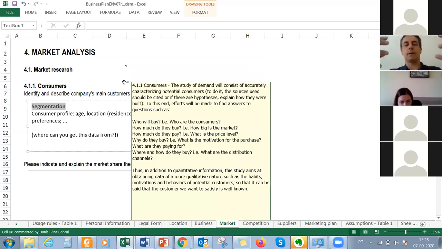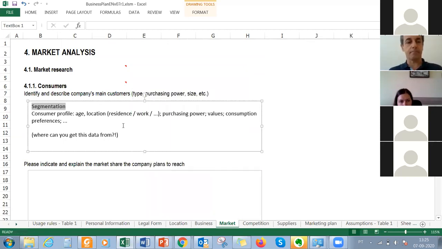So the system also has some helps, some contributions to key definitions that could help students to understand where they are.